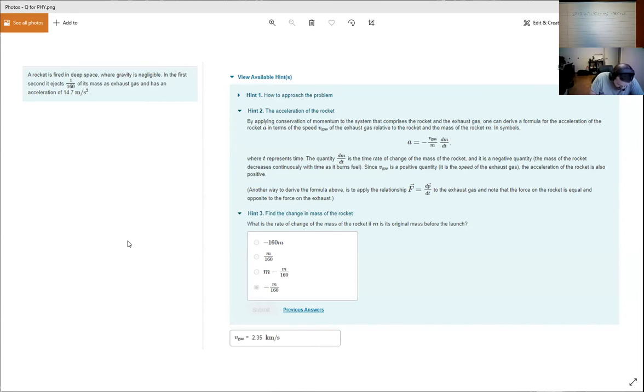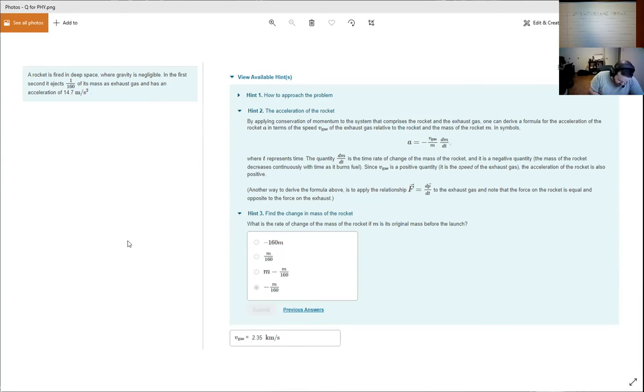Basically, you're saying force is equal to ma is equal to change in momentum over change in time is equal to velocity of the gas times change in mass over change in time. I got all these different ways to represent the force, and set them equal to each other.